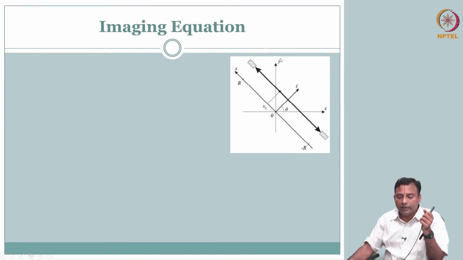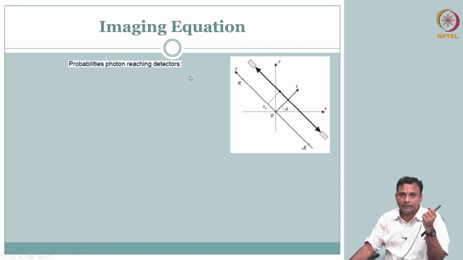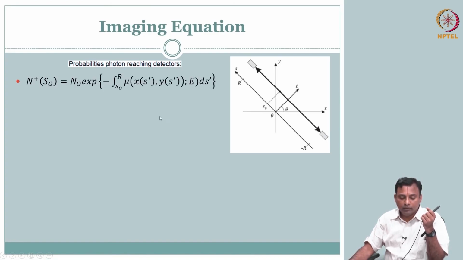So, what is the probability that the photon is going to hit the plus direction, right. So, the probability of photon reaching the detectors, because first is what is the probability that it is going to hit this detector. We can get that as, oh, you have this radioactivity, right, N0 is the one that is coming out.